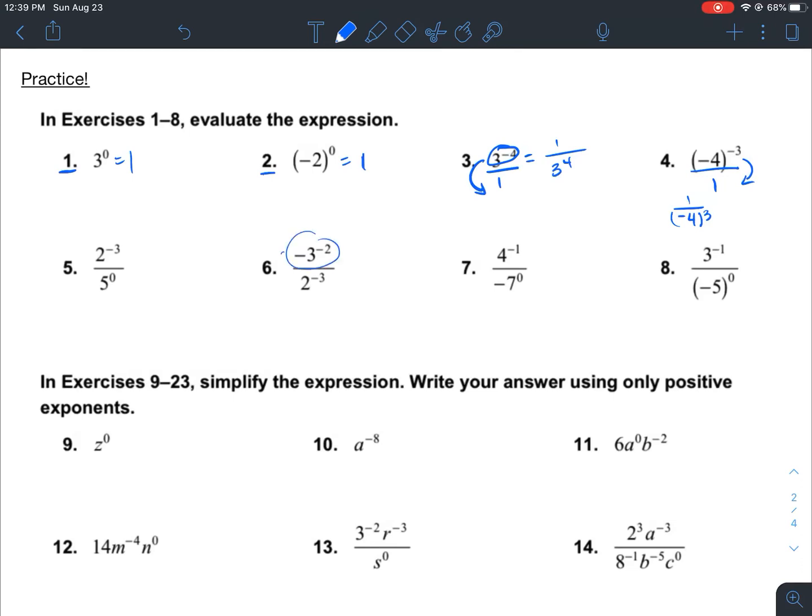So we can move this to the bottom and move this to the top, which is basically just using the reciprocal, the negative exponent rule. If we do that, we make the exponents positive. So then we move this to the top. So we have 2 cubed over negative 3 squared. Just like that.